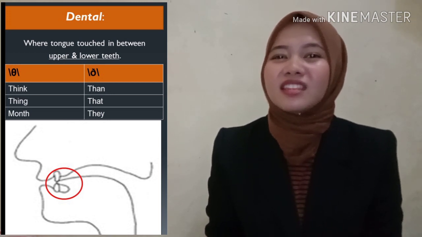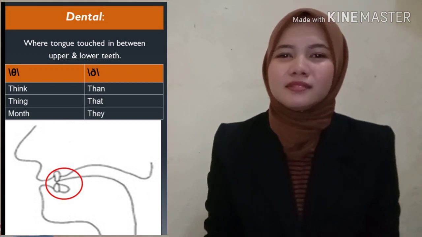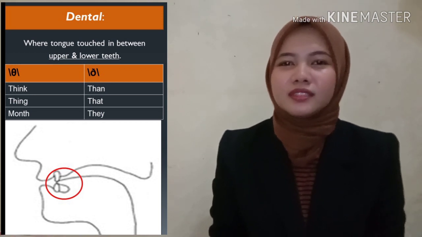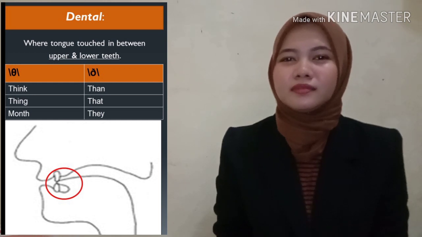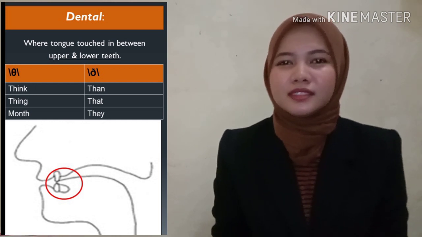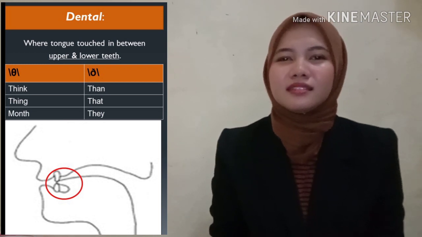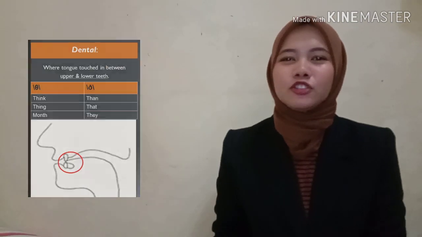For example, the th sound: think, thing, month. And for the other th sound, for example: then, that, day.